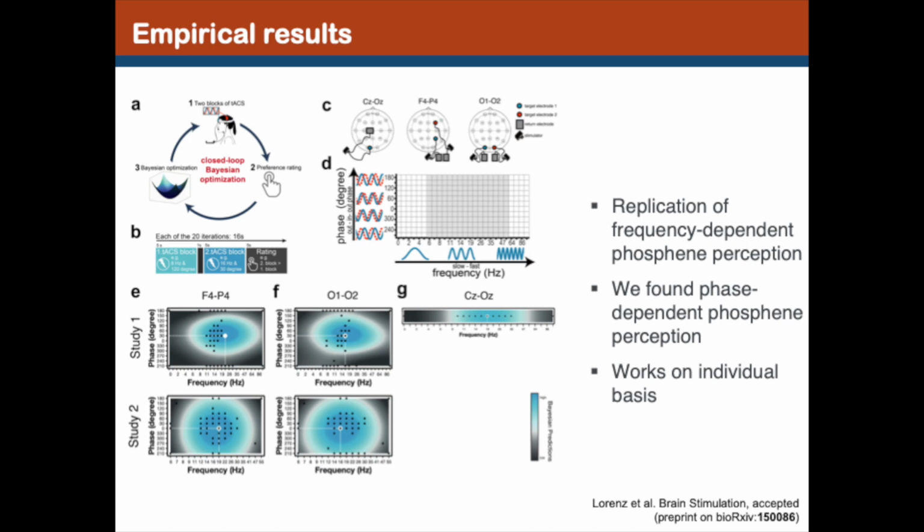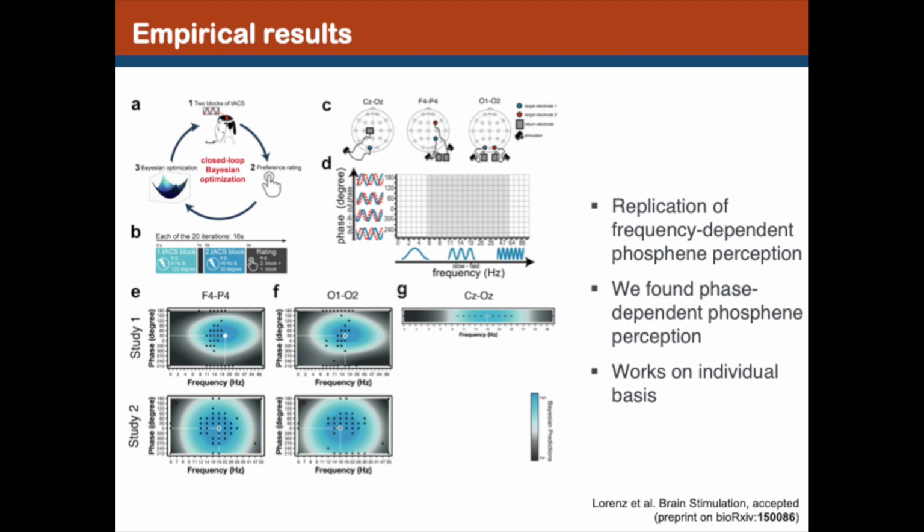We show that we can still recover it. This is what you get at the end of your Bayesian optimization procedure. Each black dot is a parameter that was sampled, and in blue is where the algorithm predicts the probability of seeing a phosphene is higher, and the white dot is where it is highest, so it tells us that it happens around 19 hertz.